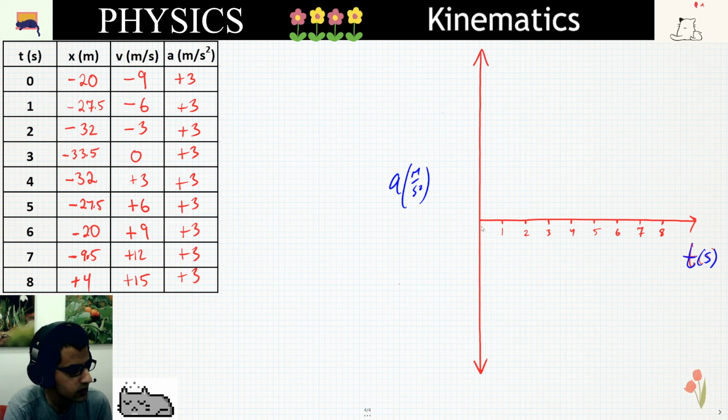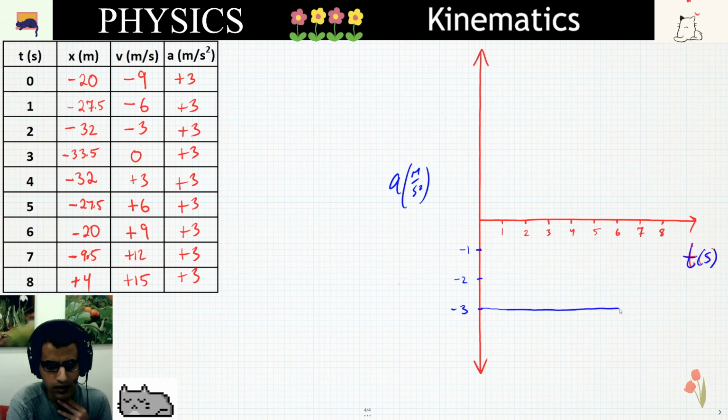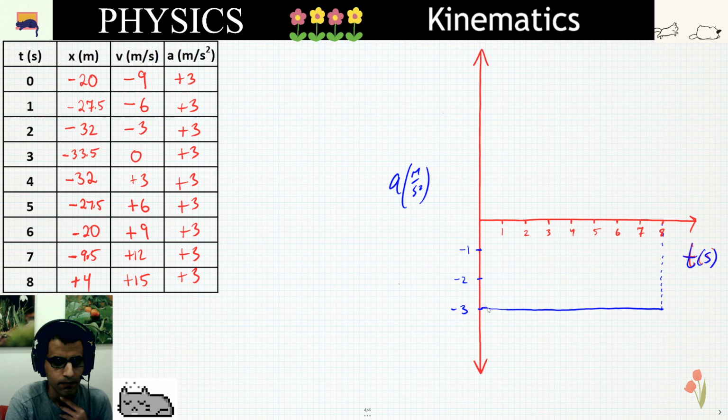So let's use, on my grid here, 5 boxes equal to 1 meter per second squared. So that would be negative 1. That would be negative 2. 1, 2, 3, 4, 5. And that would be negative 3 meters per second squared. And I can just draw a horizontal line there that goes all the way out to 8 seconds, just to show. Yeah, and this is my acceleration versus time graph.